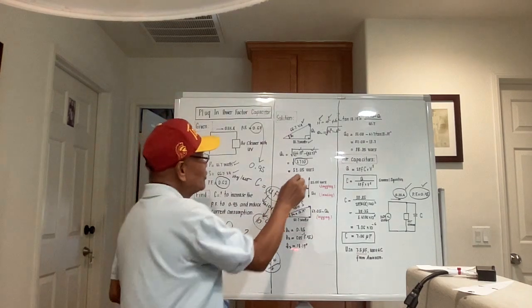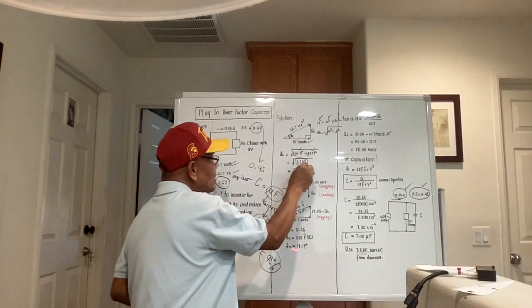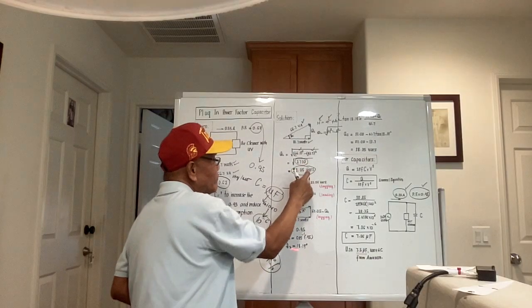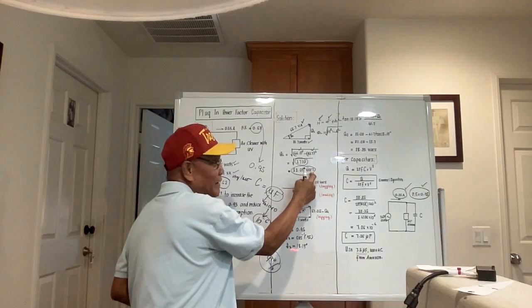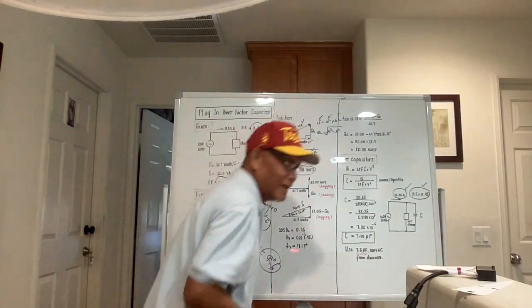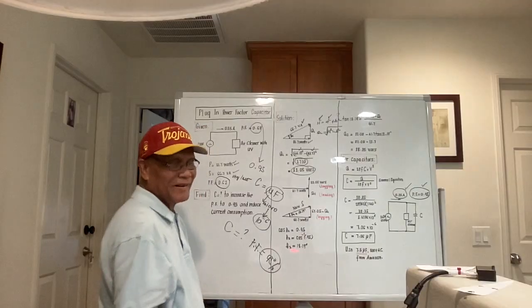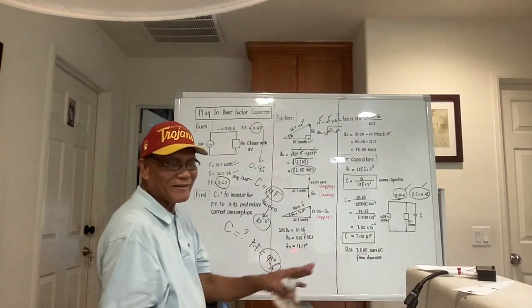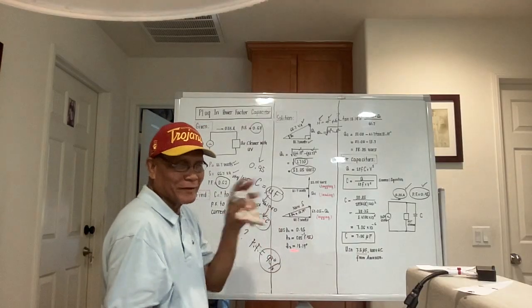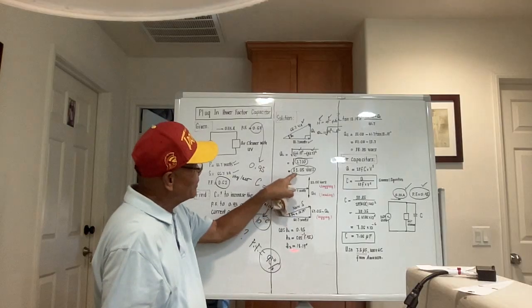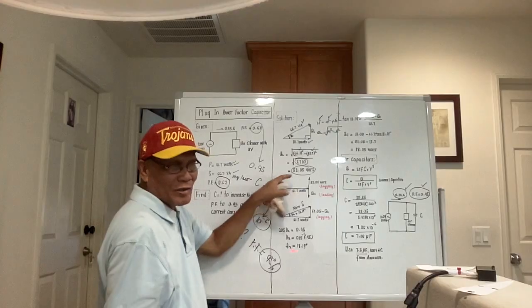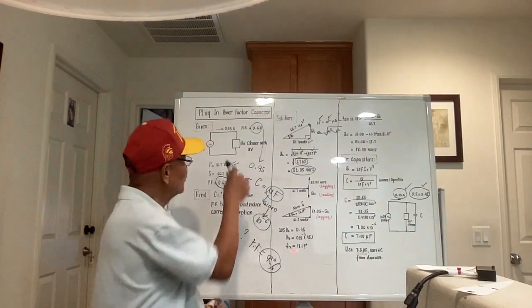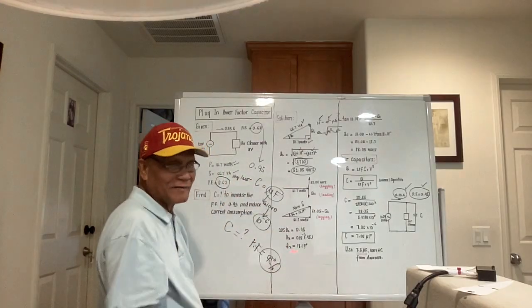So Q sub L is actually 50.05 vars, reactive volt-ampere. Reactive meaning it's the power that gives us so much current. That's why our electric bill is very big. We must eliminate this one totally, or minimize it, so the total current that this motor will be drawing will be less.